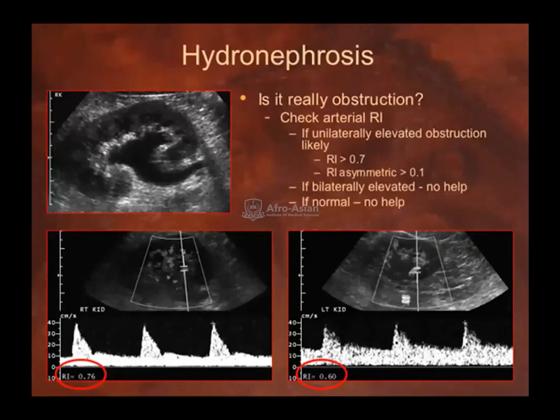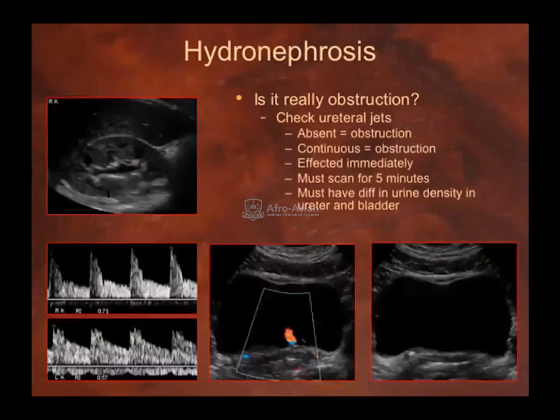You can see 0.76, which indicates there is some hydronephrosis in the kidney. So even if you are only suspicious about hydronephrosis, you can assess the resistive index to confirm your diagnosis. This will be the landmark, 0.7 for the segmental arteries.